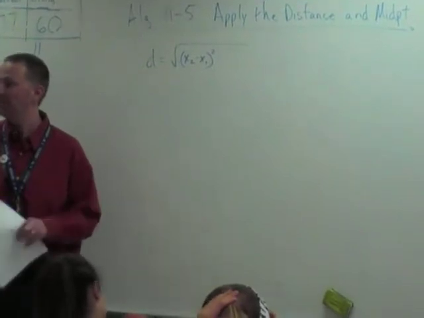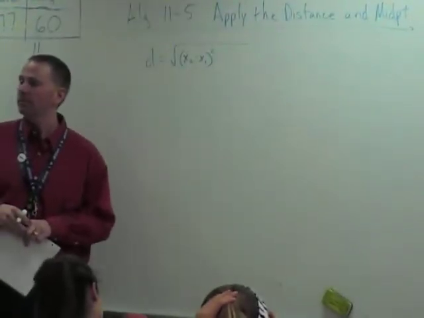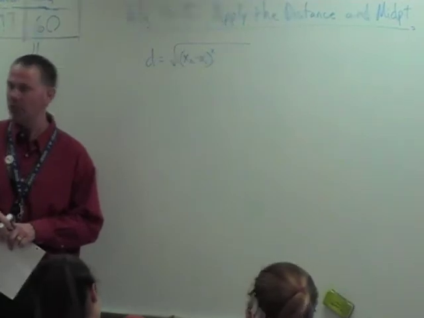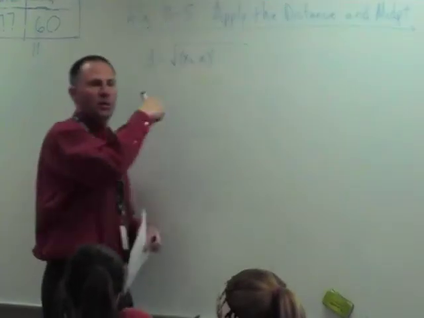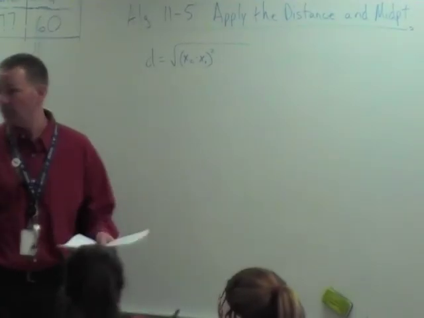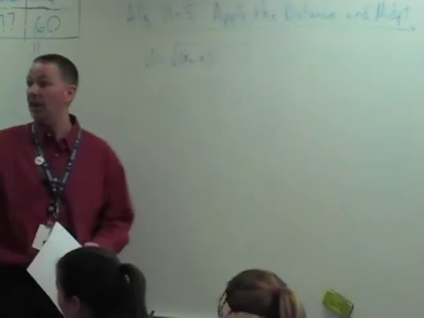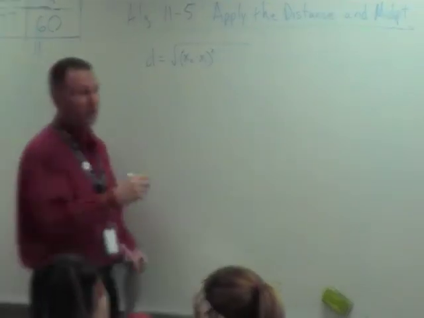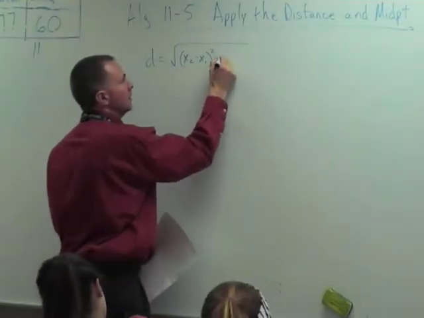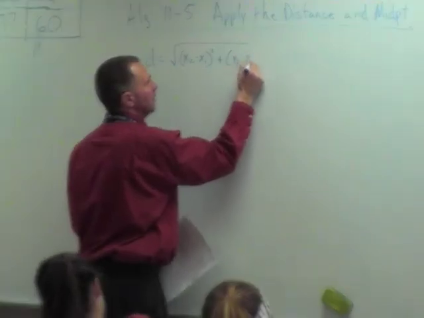No, that's just for slope. It doesn't matter because either way you do it, you're going to square it, so you still get the same answer. But that's fine. If that's how you remember it, then that's okay. Go ahead: plus y2 minus y1 squared.